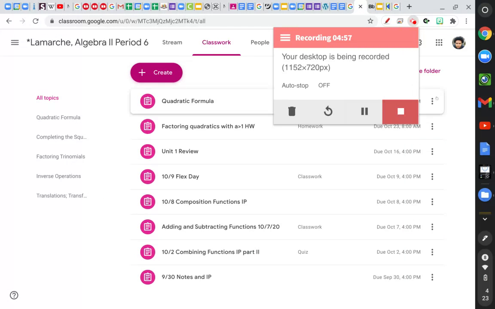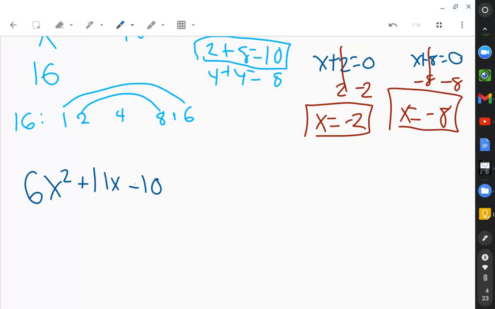Well, what if our a value is greater than 1? So instead of a equaling 1, we have in this example where a is going to equal 6. So we're still going to do that first step of multiplying our a and c values together.